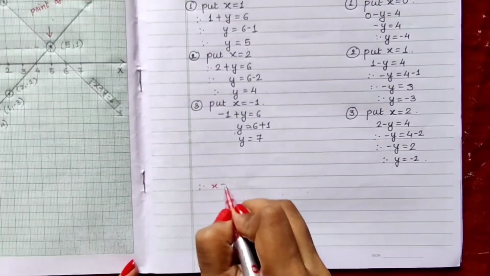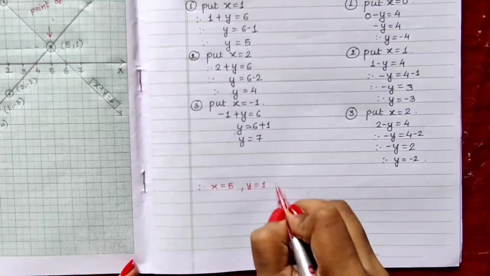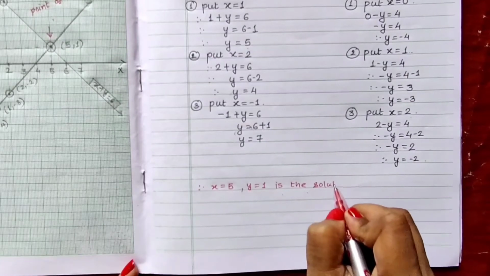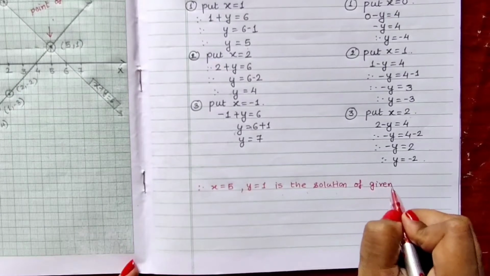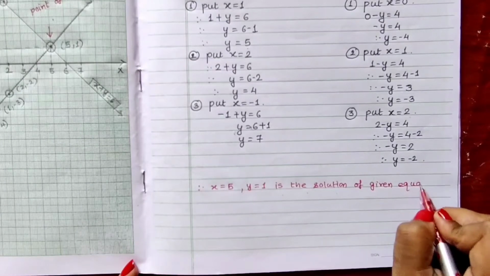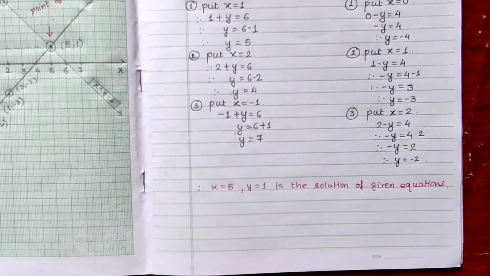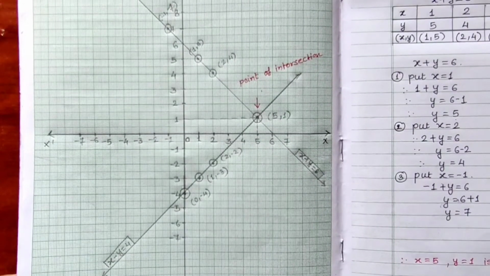Therefore x is equal to 5 and y is equal to 1 is the solution of the given equations. In this way we will have to solve all these sums. Okay, let us go on to the next sum.